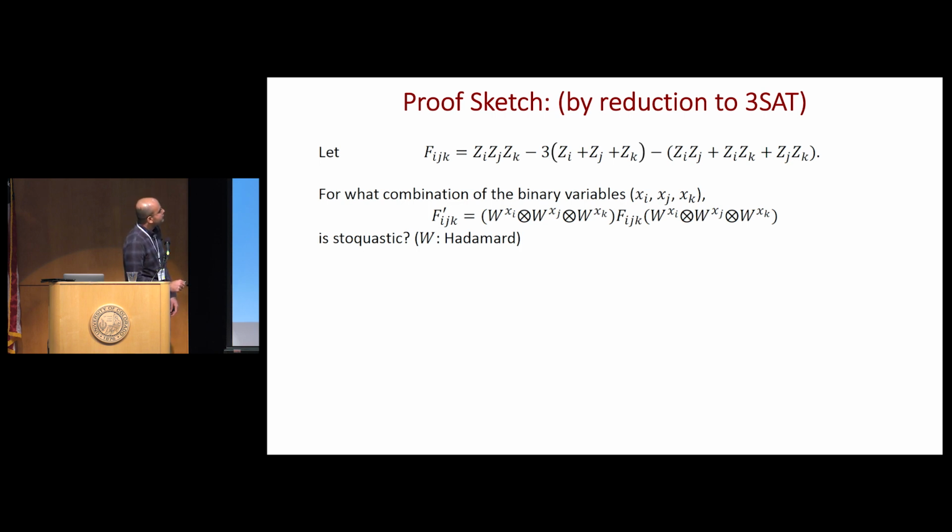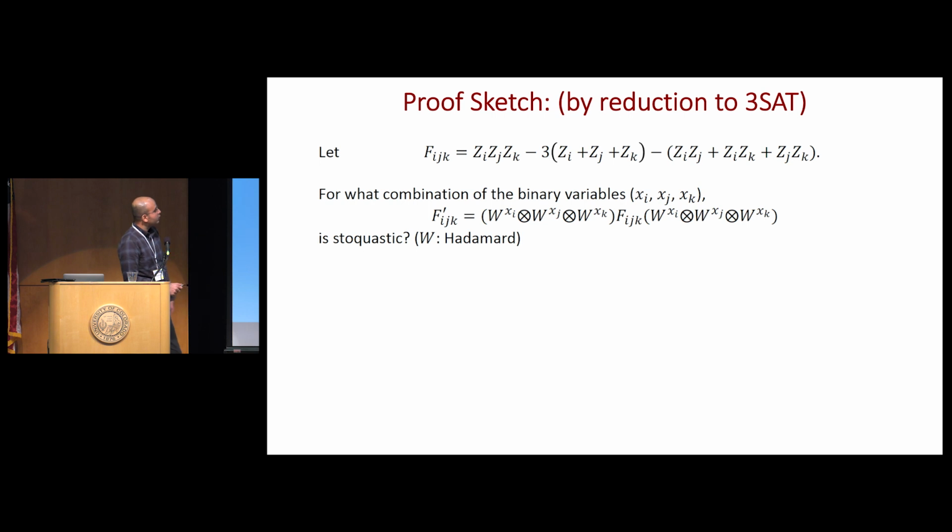So I define it like this, and I ask, what combination of Hadamards should I use to convert this Hamiltonian into a non-stochastic Hamiltonian? This Hamiltonian already is diagonal, so it's trivially stochastic. What combination of Hadamards should I apply here to get it into a non-stochastic form?